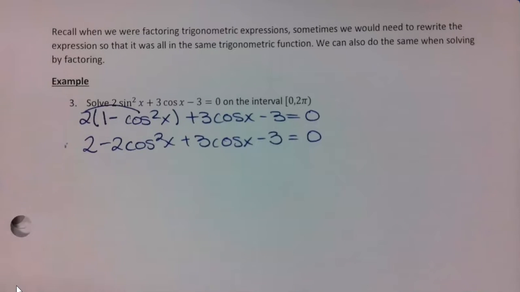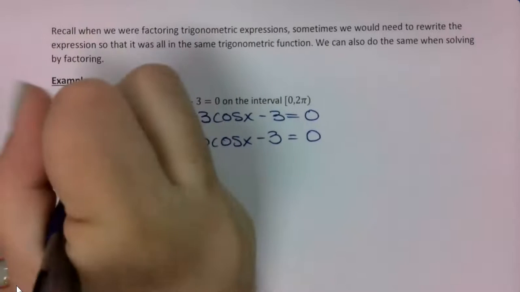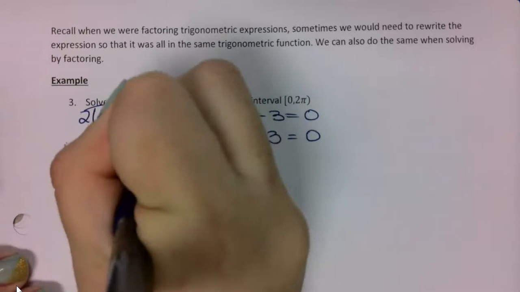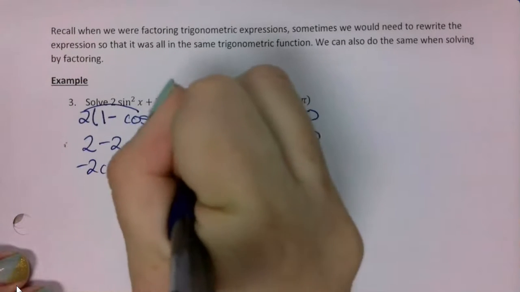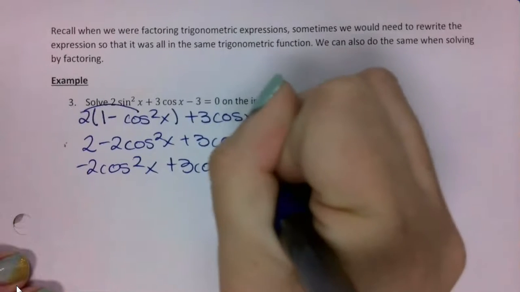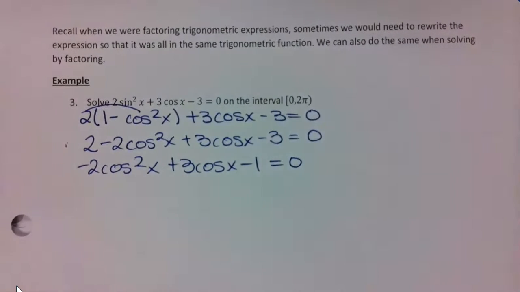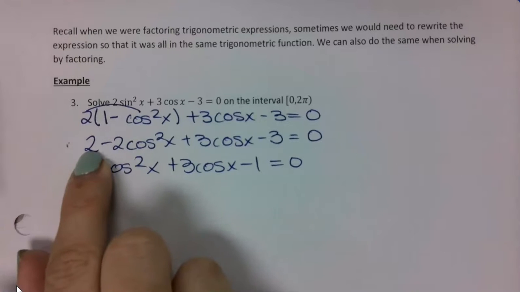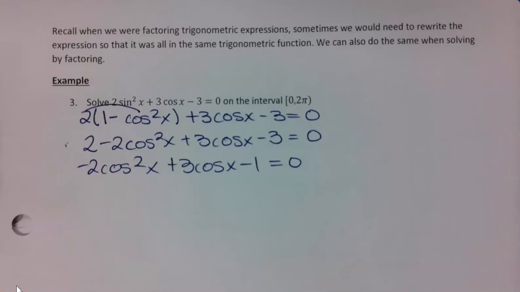So then I want to combine my terms and write this in standard form. So I'm going to have the negative 2 cosine squared out front plus the 3 cosine x. Positive 2 minus 3 gives me negative 1. Huh? This 2 is positive. The 2 in front of the cosine is the negative 1.